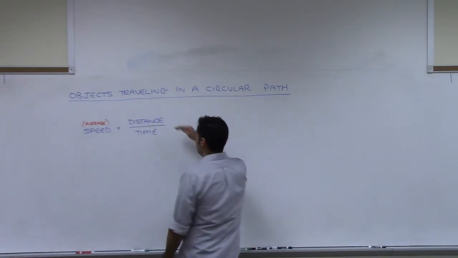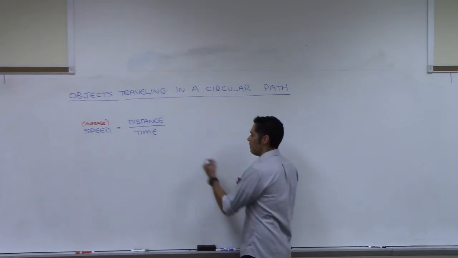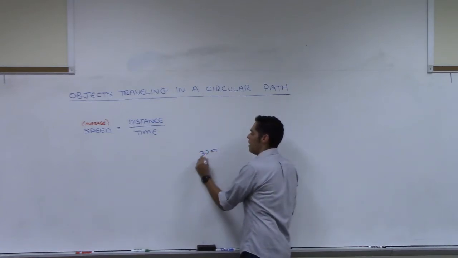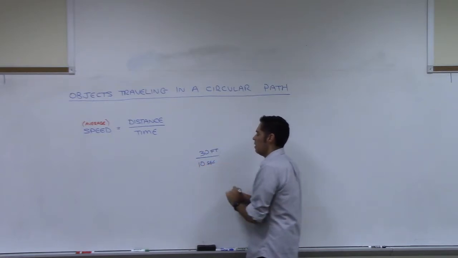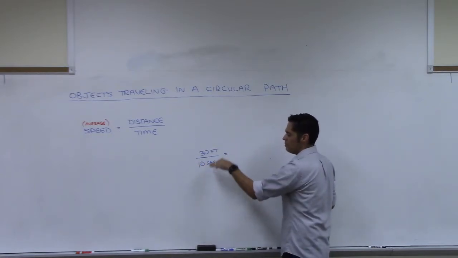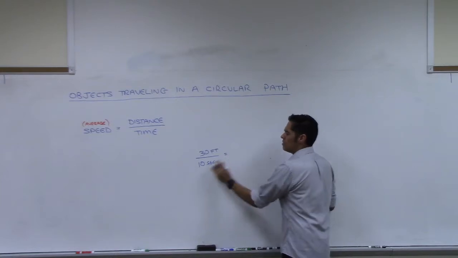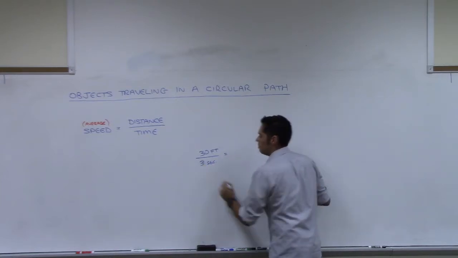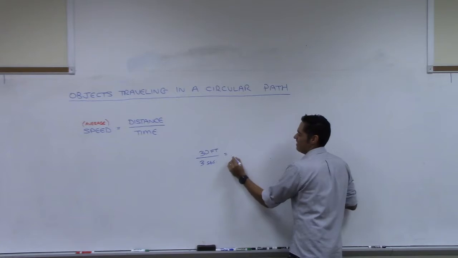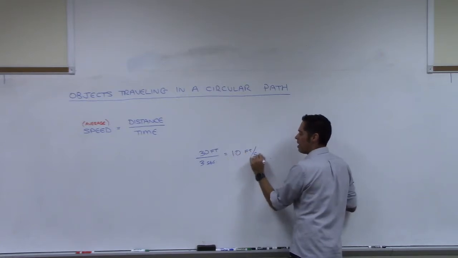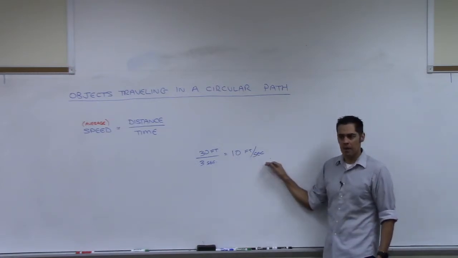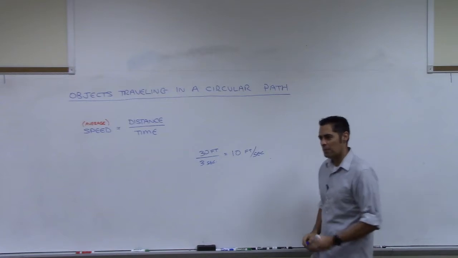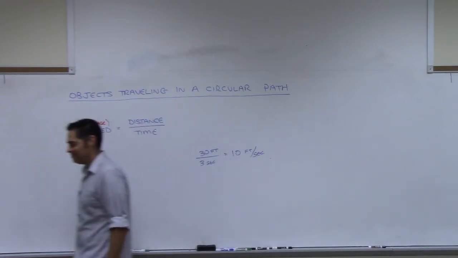So I'm going to take the distance I traveled, which is 30 feet, and divide it by the time it took me to travel, 3 seconds. I'm fast. I'm not that slow. So that's 10 feet with a little slash per second. So it's 10 feet per second. I'm quick, man. I'm telling you. Yeah, 10 feet per second.